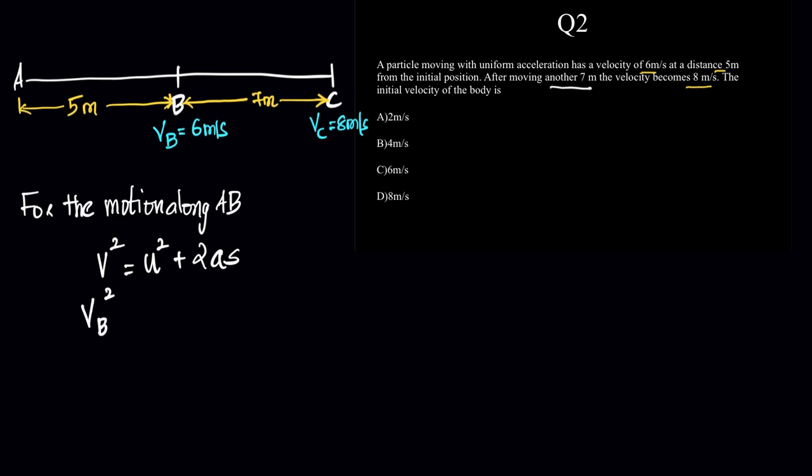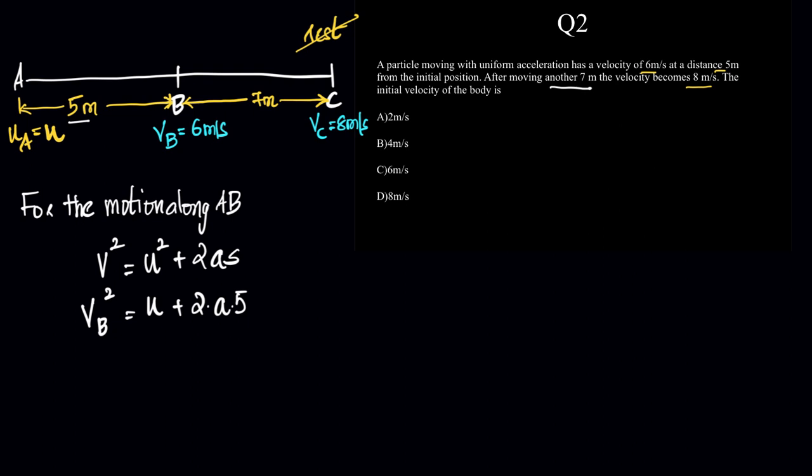So VB square is equal to u square plus 2as. The initial velocity here is not 0 because the body is never said to be at rest, which means it possesses some amount of initial velocity. Let us call that velocity u. How much is s? s is 5 meter.